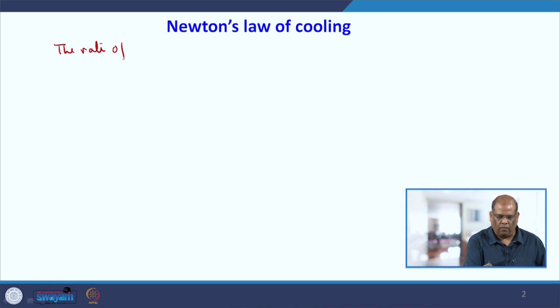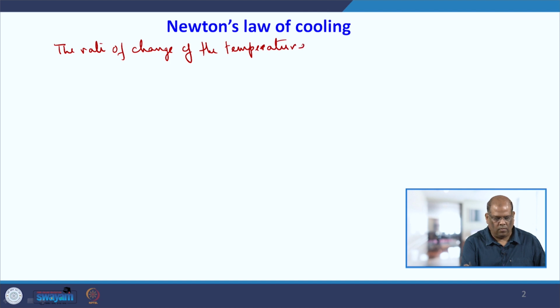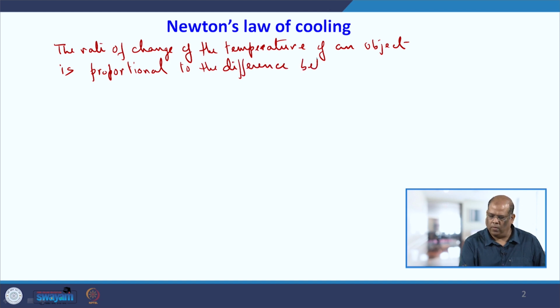the rate of change of the temperature of an object is proportional to the difference between its own temperature and the ambient temperature.